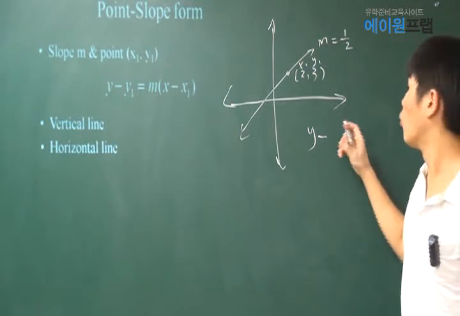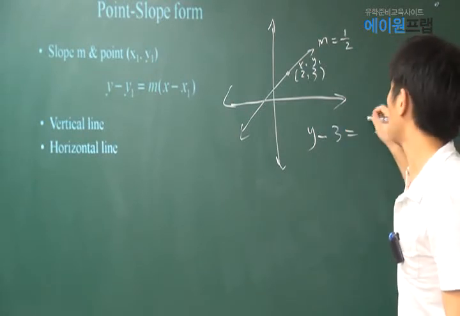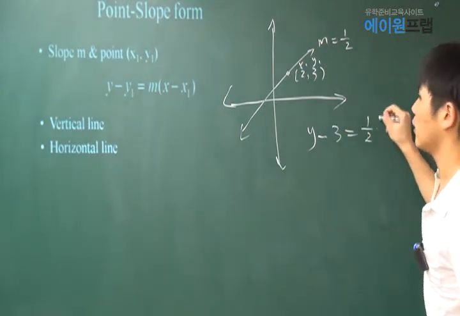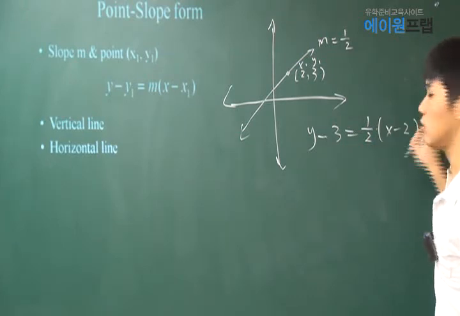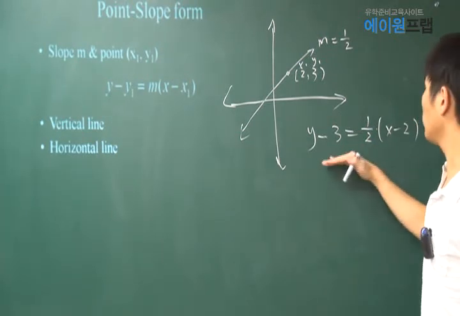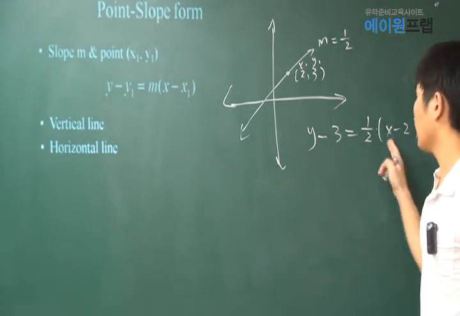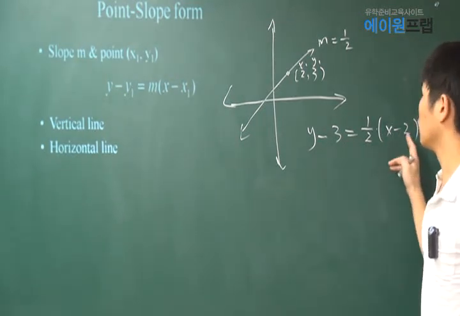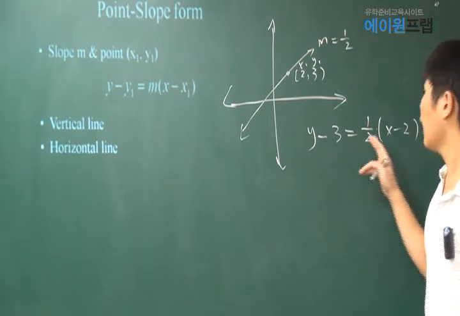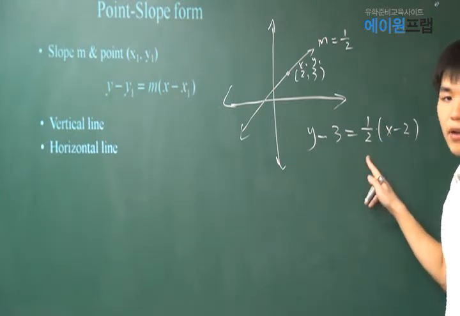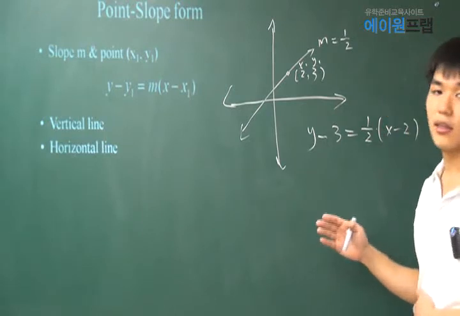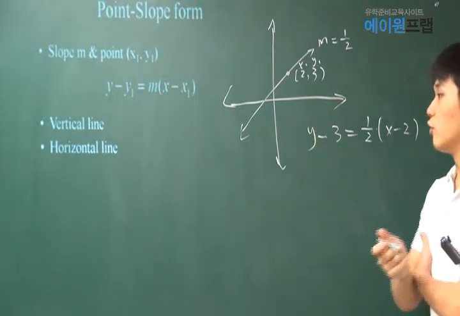We can write this as y minus 3 equals half multiplied by x minus 2. So this is the point slope form. Why? Because we can look at the points immediately. By looking at the x and y here, we can tell that it will contain the point (2, 3), and it will have a slope of 1/2. Also helps us in graphing if we ever see this equation in real life.